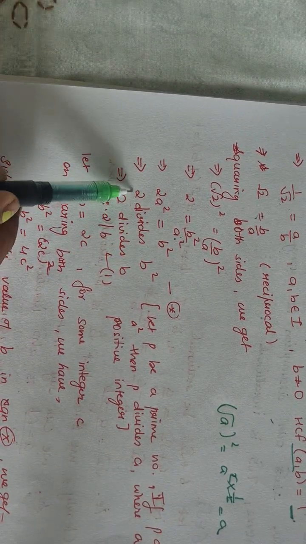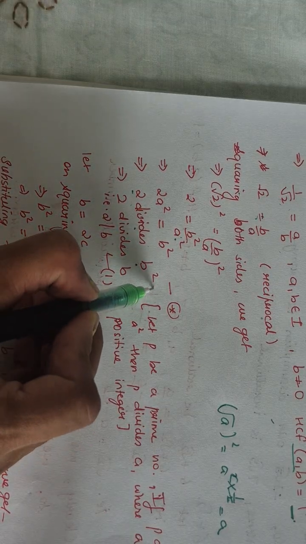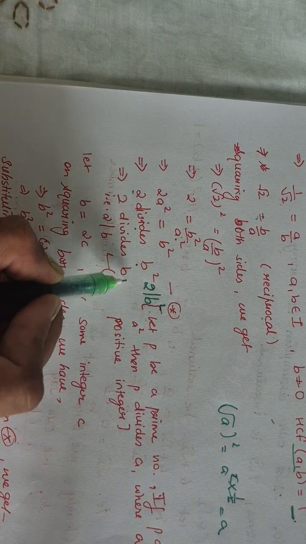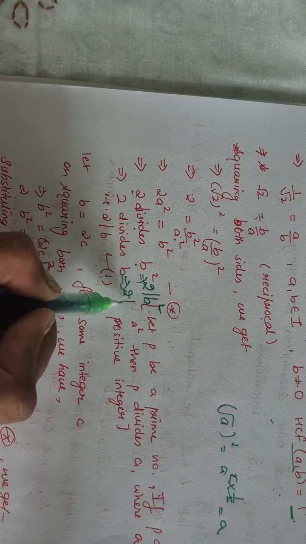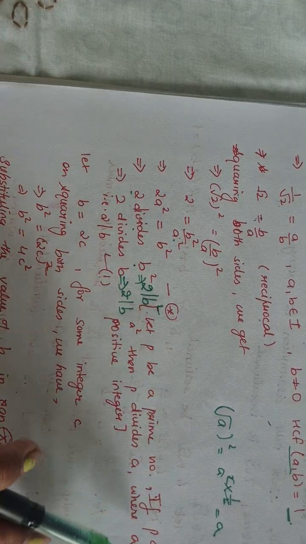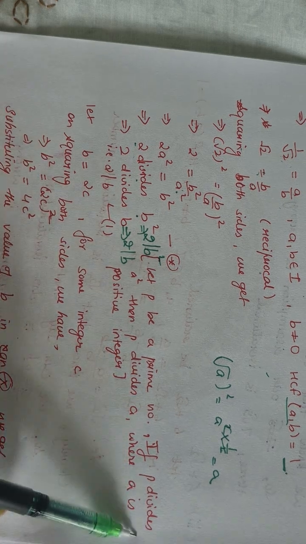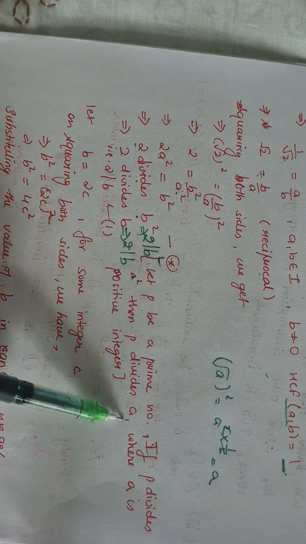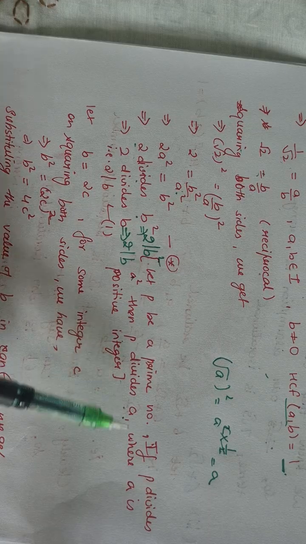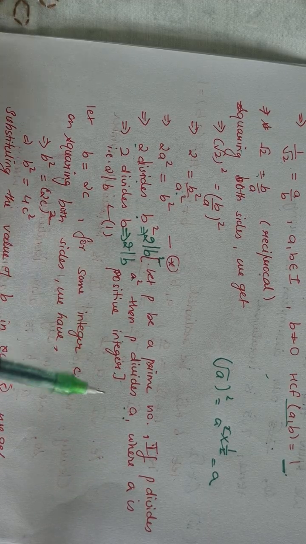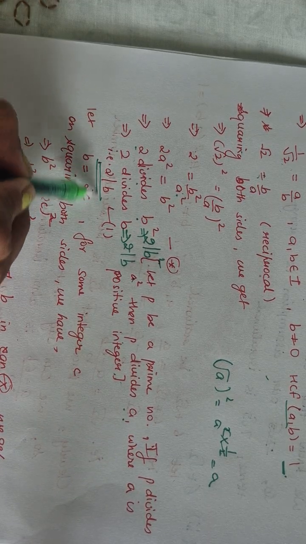This implies that 2 divides b square, which means 2 divides b. This uses the result that if p is a prime number and p divides a square, then p divides a, where a is a positive integer. So we mark this as 1.